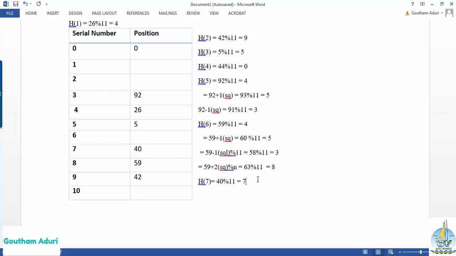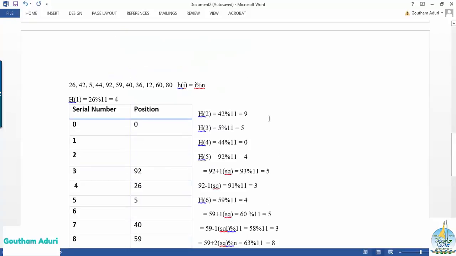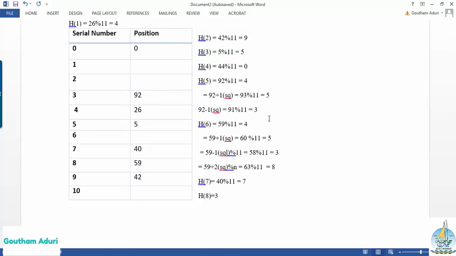And then the next one is h(8), 36 mod 11. 11 times 3 is 33, so the remainder is 3, which is a collision. Now just add 1 squared: 36 plus 1 squared is 37 mod 11, which is 4.